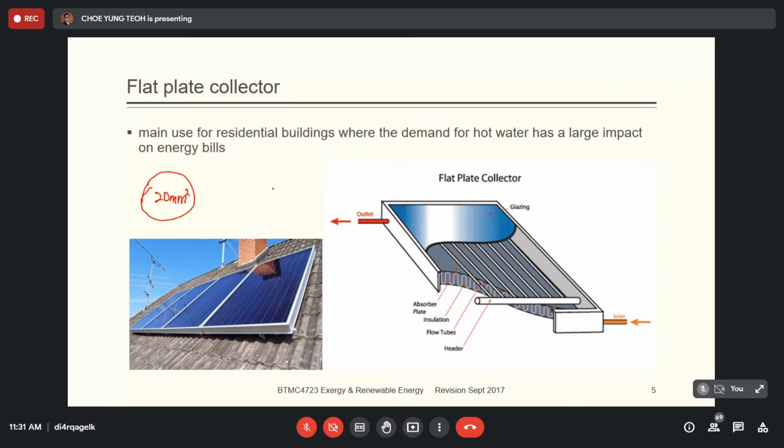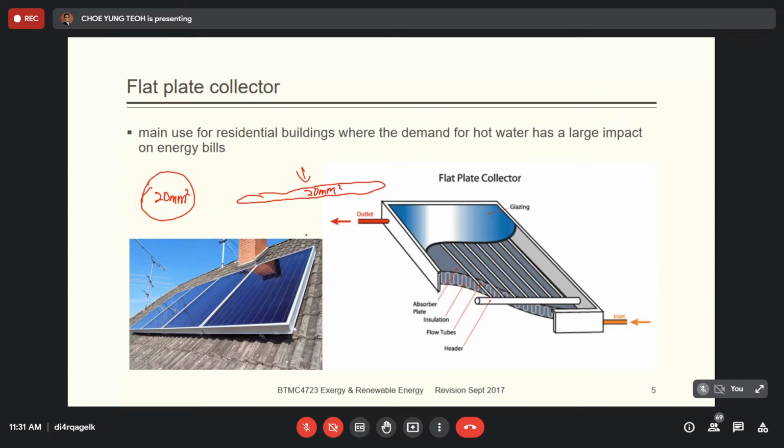But what if I make the shape like this? And the total area is also 20 mm square, I mean the cross-section area. They have the same cross-section area, but now the contact area with the sunlight is much increased, so the heat transfer rate for this case will be faster.